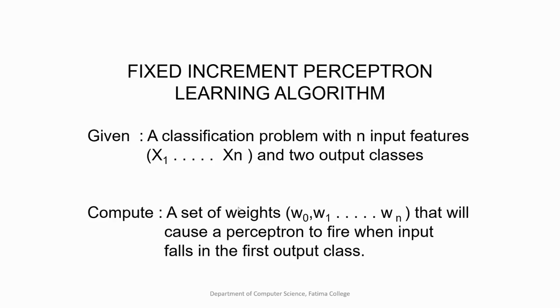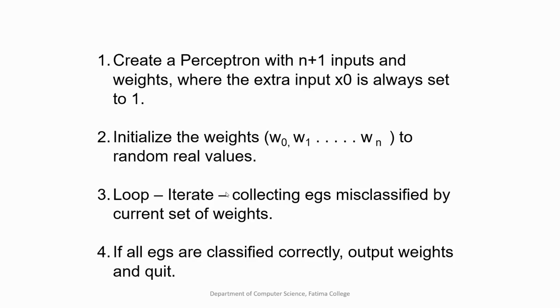What it computes is a set of weights W0 to Wn that will cause a perceptron to fire when the input falls in the first output class. To fire here means it will produce a result of 1. Otherwise, it produces a 0, which means it is being inhibited.